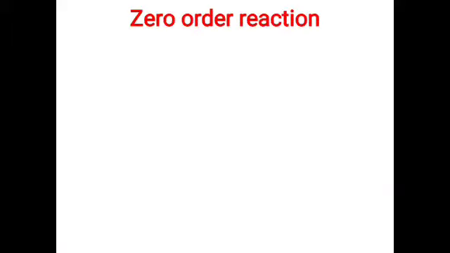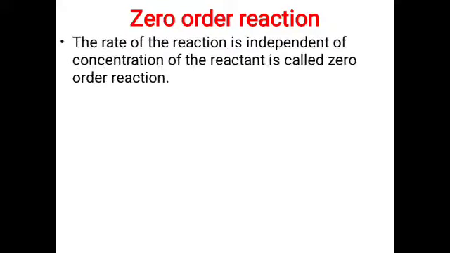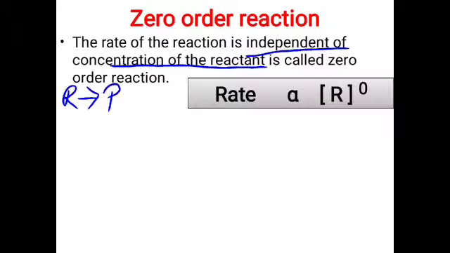So therefore, a zero order reaction can be defined as a reaction whose rate is independent of the concentration of the reactant. If I take a general reaction where reactants are giving you product, we can write rate is directly proportional to the concentration of the reactant, but the power will be equal to 0 since it is a zero order reaction. When you write that the power is 0, you get a constant answer. So the rate remains constant.